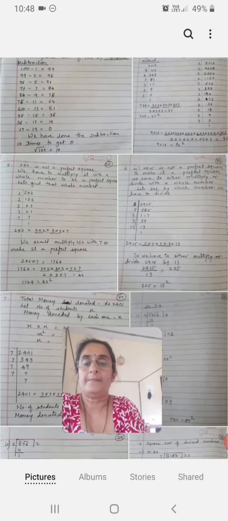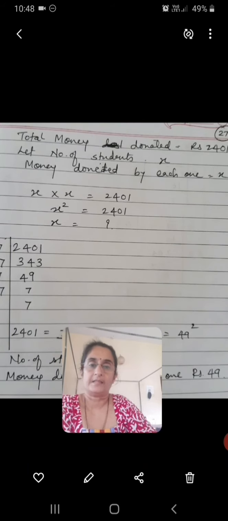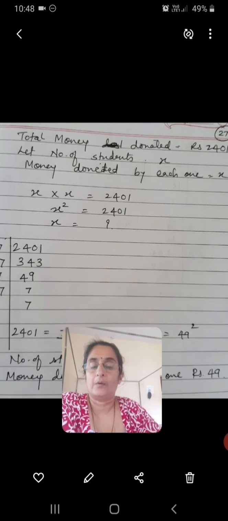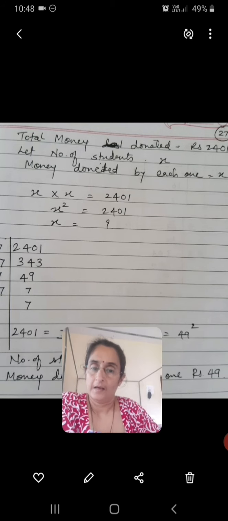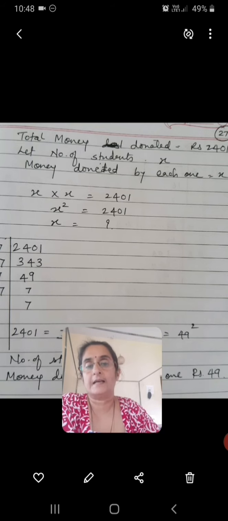Money is donated to Prime Minister's Relief Fund. How much money is donated? That is 2401. It is donated by the class students. We don't know the number of students, so we'll consider that as X here. And how much money is donated by each one of them?